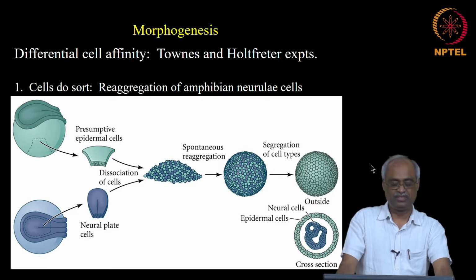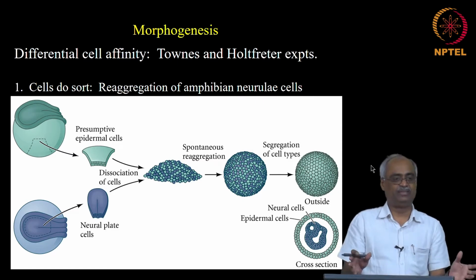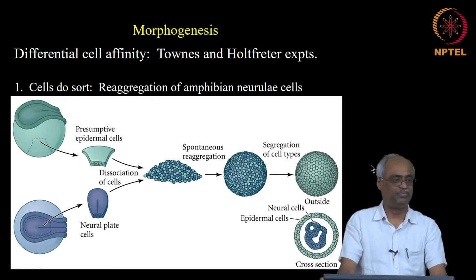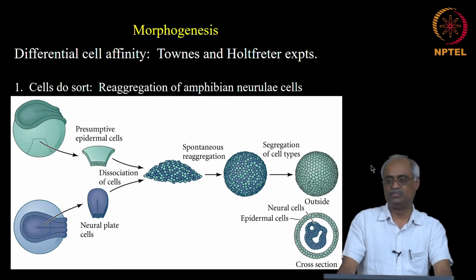This is one of the classical experiments where, very fortunately, in the frog embryonic stages the blastomeres, the cells in the early embryo, can readily dissociate if you put them in an alkaline buffer. These scientists took advantage of that and isolated cells in that way.